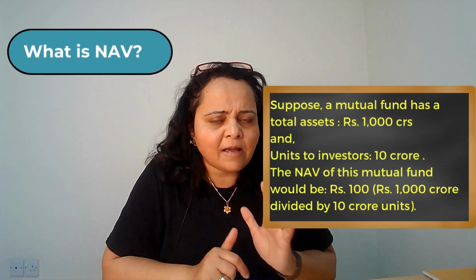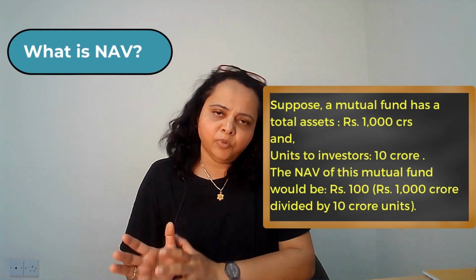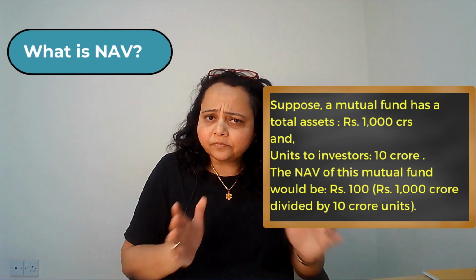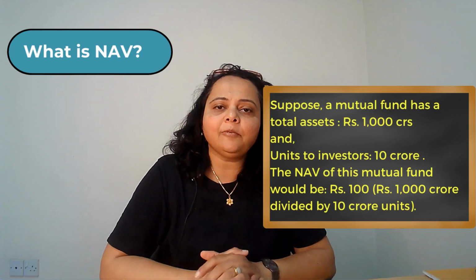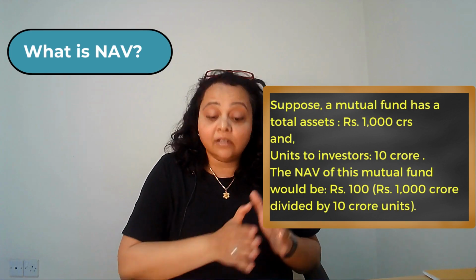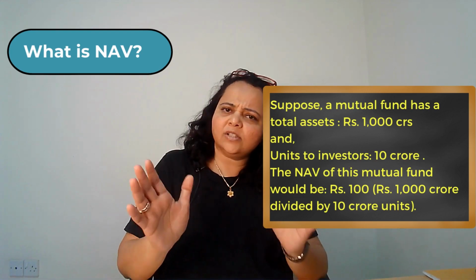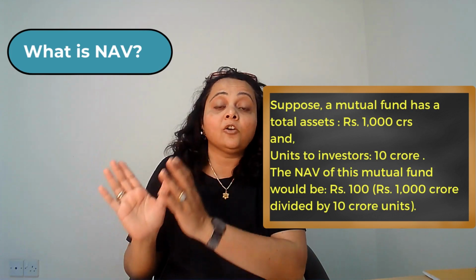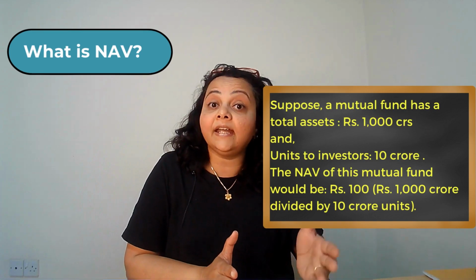Now we will see an example. Say, suppose the total assets held by a mutual fund are 1000 crores and the outstanding units in that particular fund are, say, 10 crores. Now there are no liabilities. This is just an example. So for a total asset base of 1000 crores, the number of units that have been issued are, say, 10 crores.